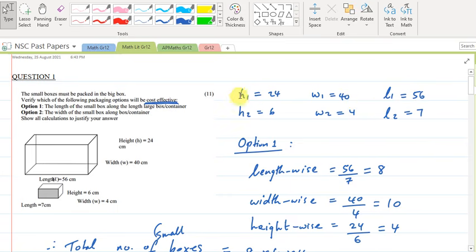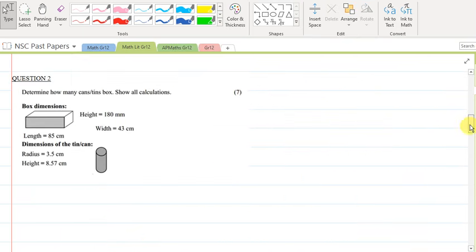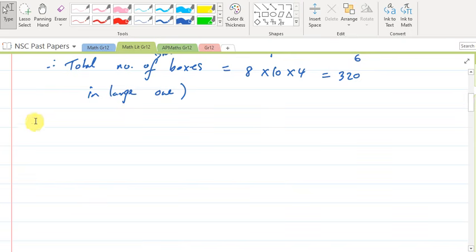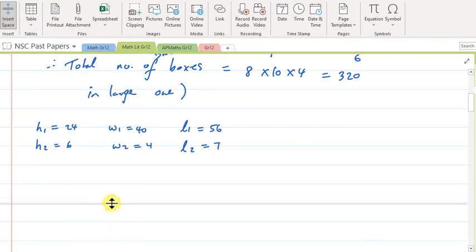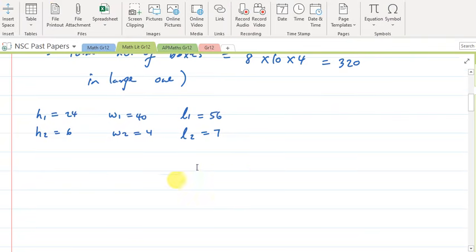I'm going to copy all this down so we don't have to keep going back and forth. So let us cut this out and paste it here, because I'm trying to find option 2 now. So let's look at option 2.